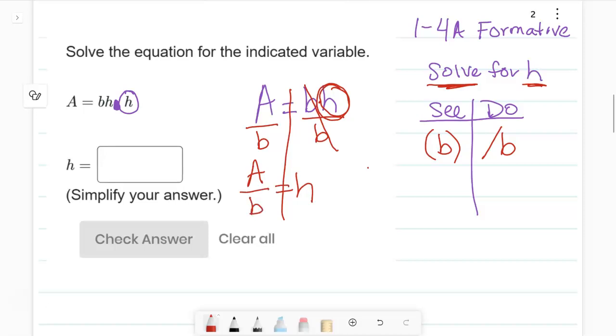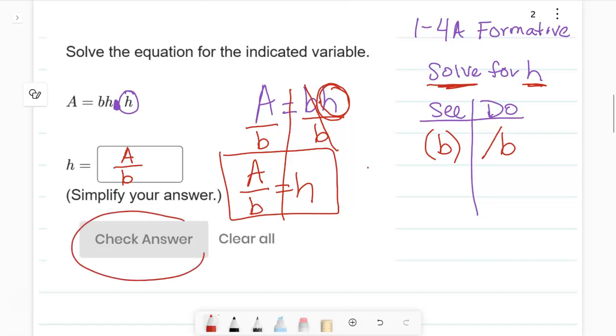When you type it in here, make sure that you are typing a capital A and a lowercase b. Okay, and then make sure that you check your answer. Don't forget that.